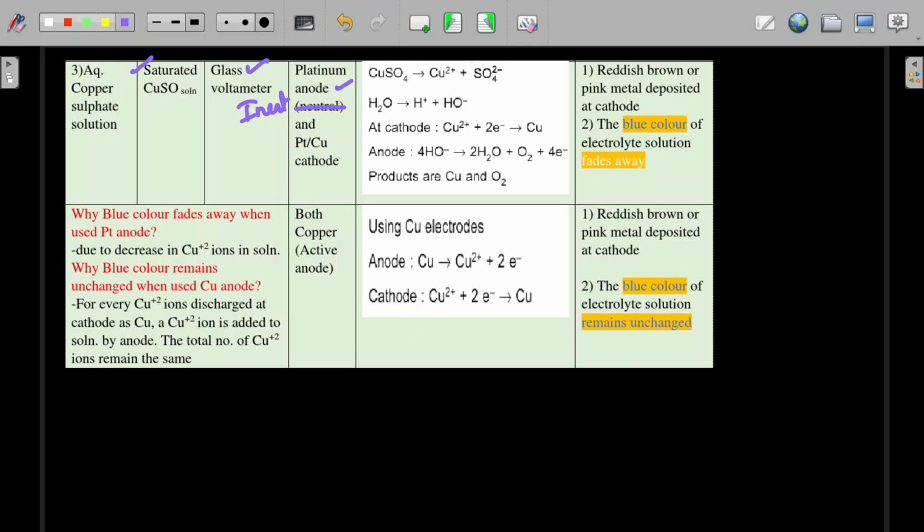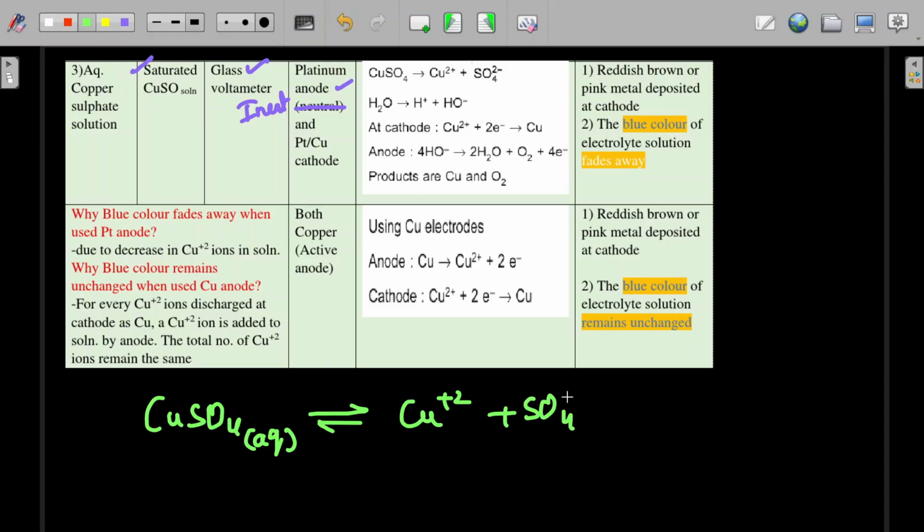Okay, so here what happens when copper sulfate is in the aqueous state, right? It will form copper ions, sulfate ions, and water always gives you H plus, OH minus. And according to the preferential discharge chart, copper and H plus, if you compare, copper is below, so that will preferentially get discharged.